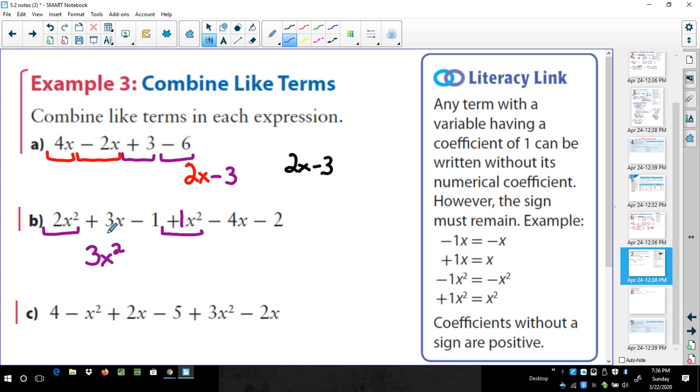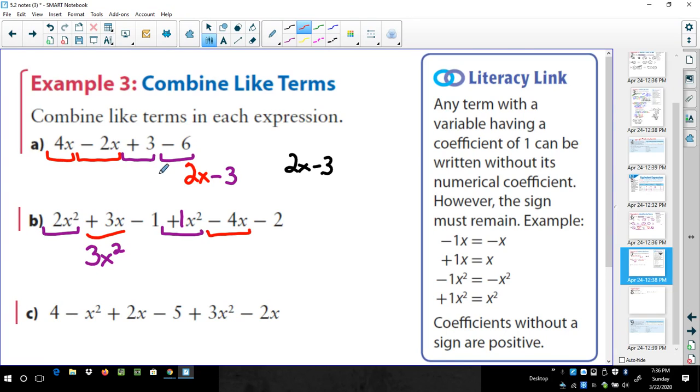Okay, next, we can look at combining our x's. So plus 3x minus 4x. Notice that I'm taking the sign that is leading the expression because that'll tell me where I start. So I'm starting with the positive 3x and I will subtract 4x from it.